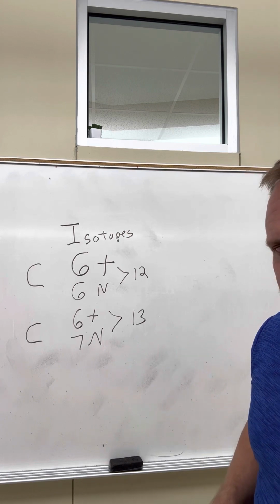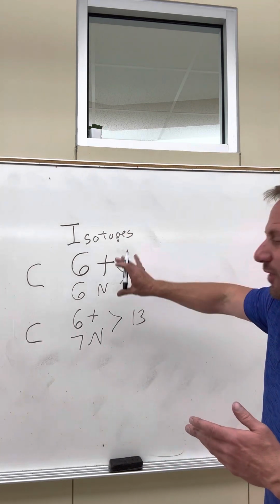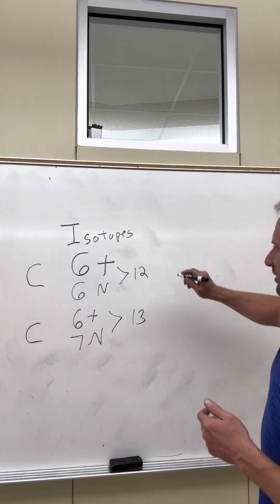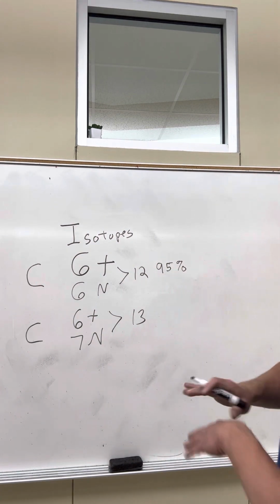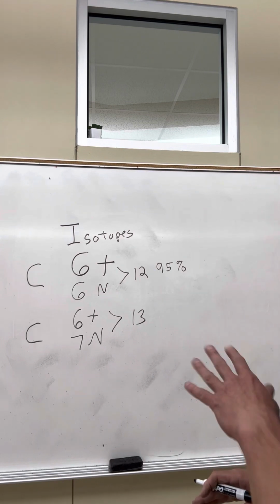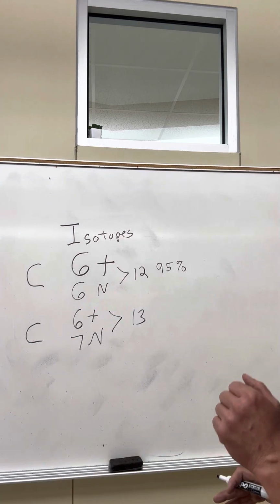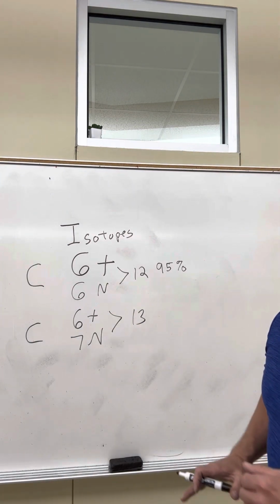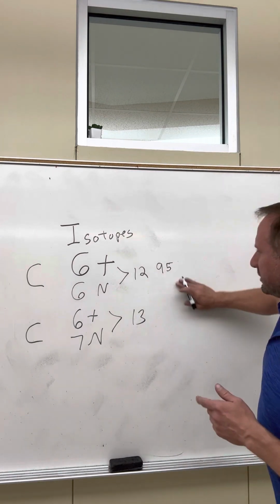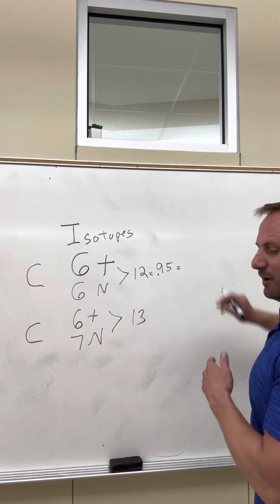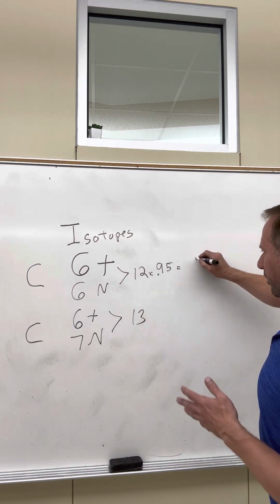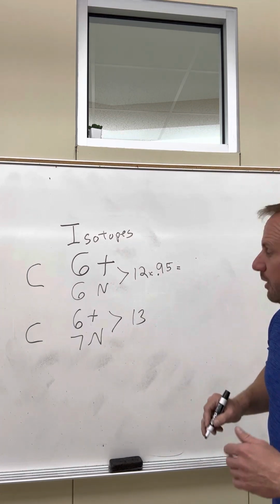Now, with that being said, if this one right here, let's say, makes up 95% of all carbons you would find, 95% of all carbons you find out in the world will have a mass of 12. I would take my 12 and multiply it by 0.95, and I'm gonna get some number a little bit less than 12.